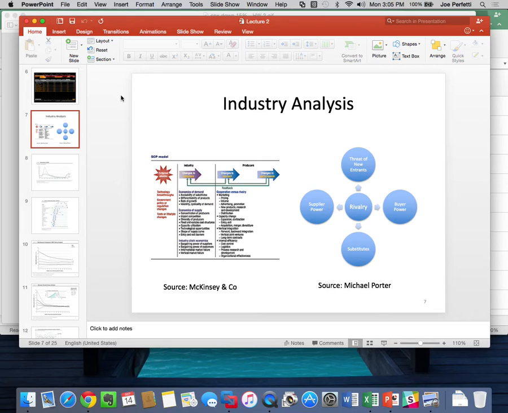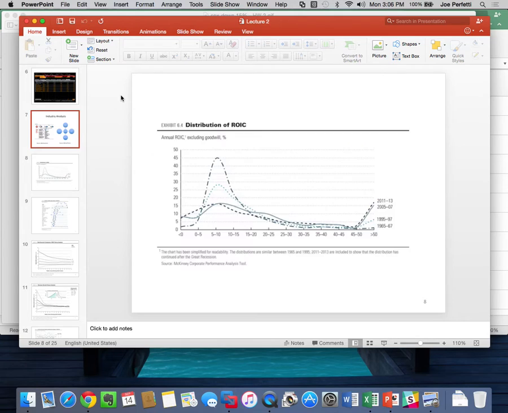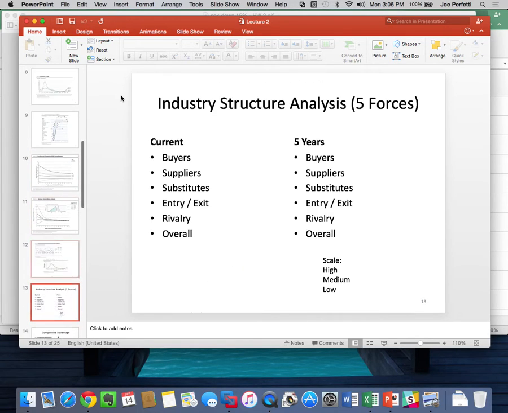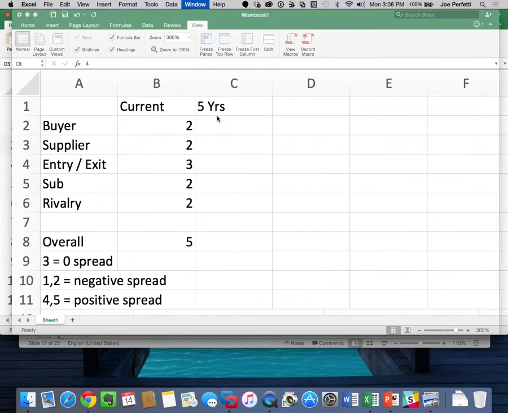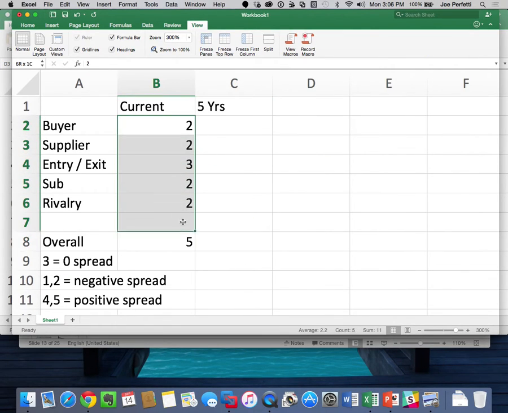So basically by using the 5 forces, it will help us approximate directionality and magnitude of the changes of the forces rather than just going directly and predicting a number. So we're going to use this table and a very specific set of numbers to help us describe this. I started doing this in the last class.